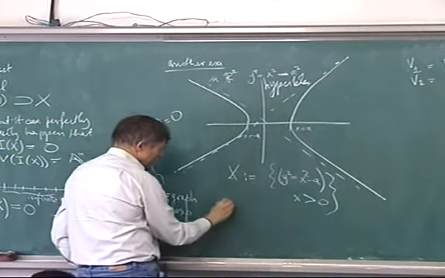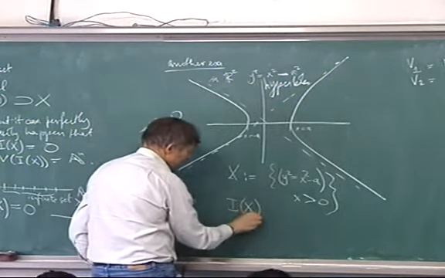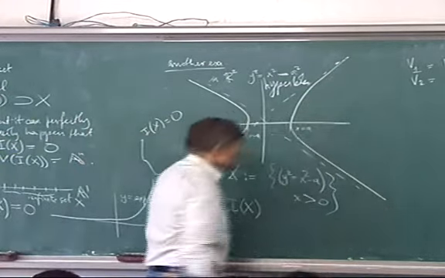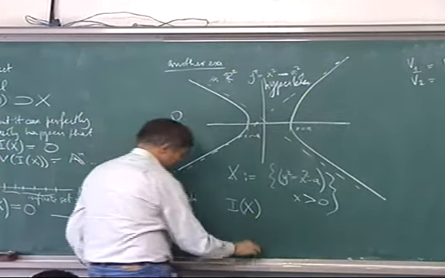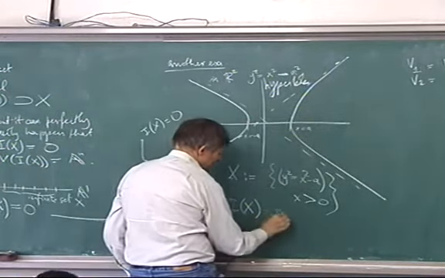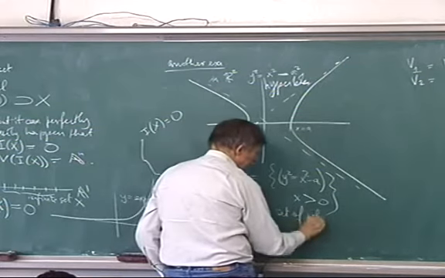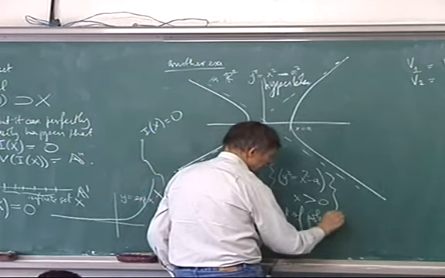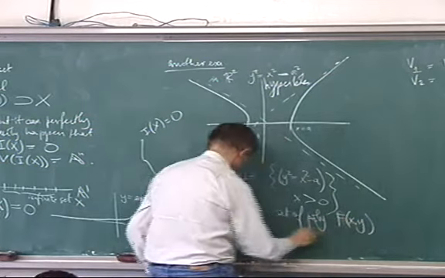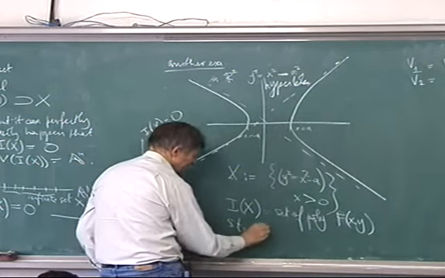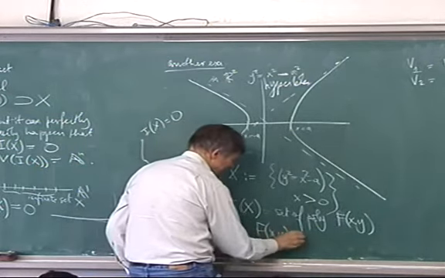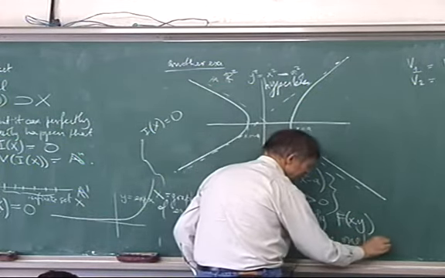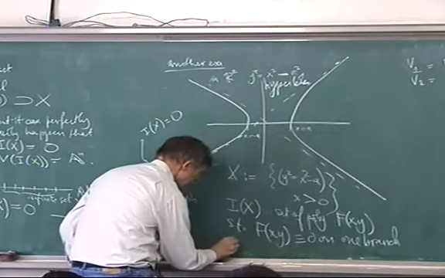Then when I look at I of x, that's the set of polynomials f of x and y in k[x,y] such that f of x, y is 0 on one branch of the hyperbola.